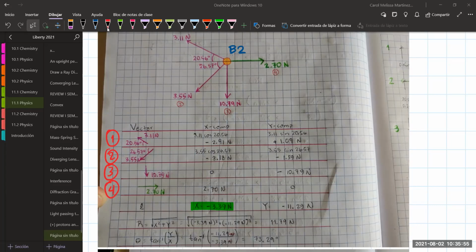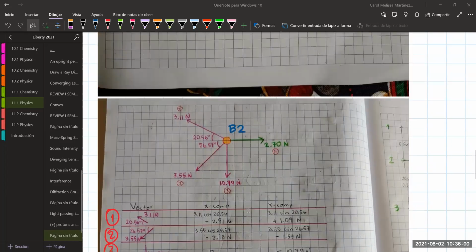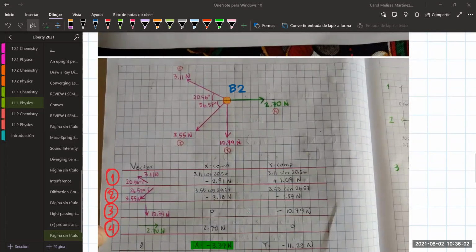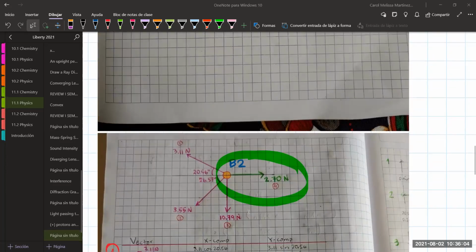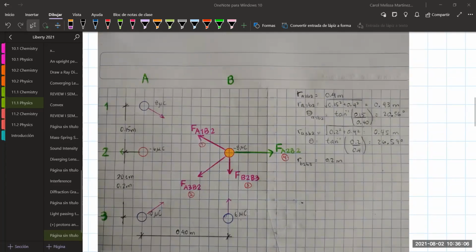Yes, the 4 is going to the right instead of to the left. The reason is, take a look, it's going to the right, okay? Why is it going to the right? Because in the sketch, this is the force that is coming from this charge, okay? This charge is a negative charge. The charge in B2 is also negative.